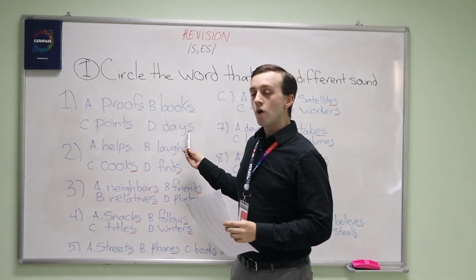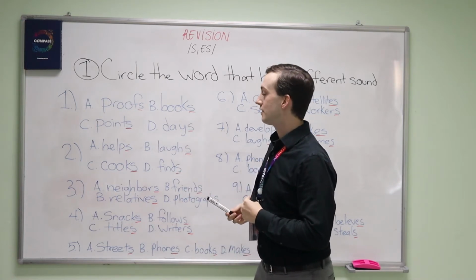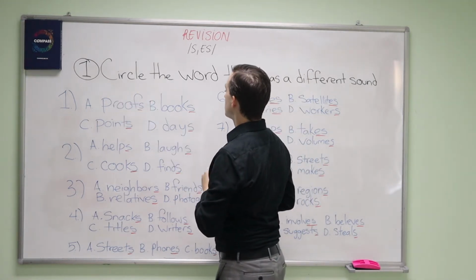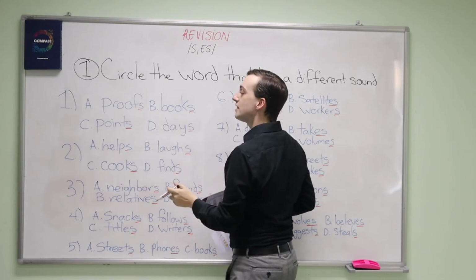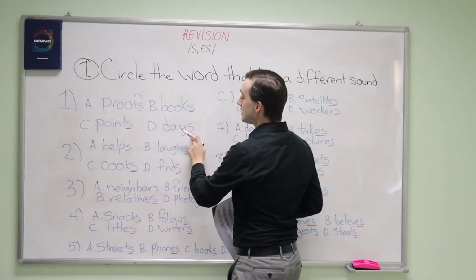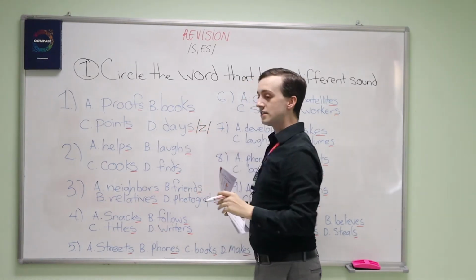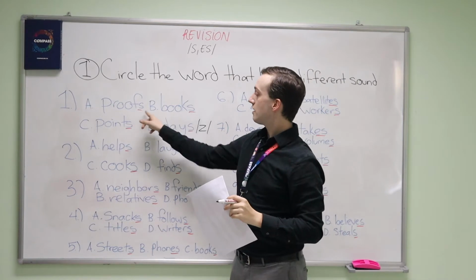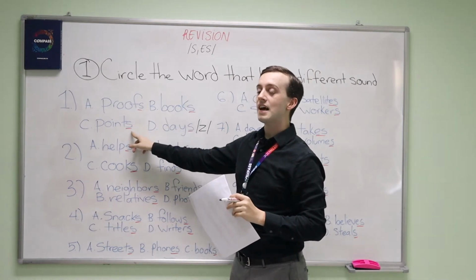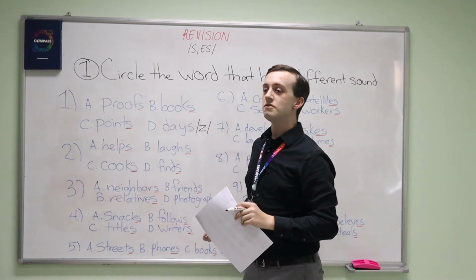In number 1, the answer is D. D is different. So, why is it different? Because here, the S has the sound Z. But here, here, and here, S has the sound S. Listen to the difference.